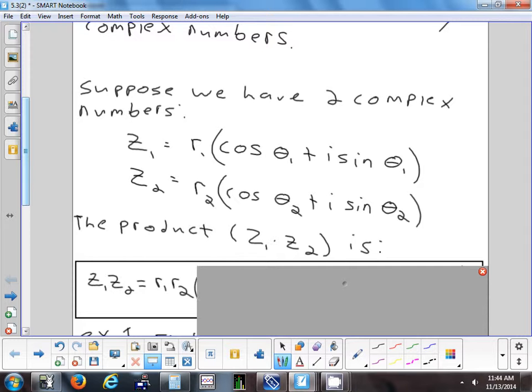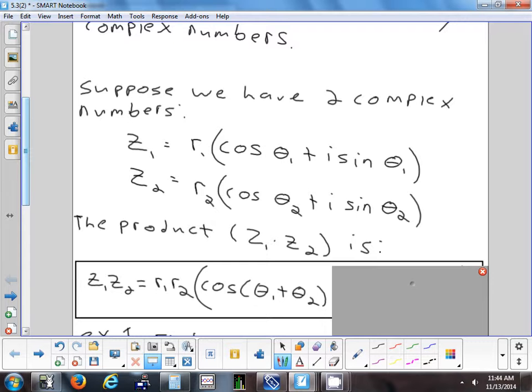To multiply them together, first thing you do is take r1 and r2 and multiply them. And that's it for your radius. Take r1 times r2. Now to get your angle, all you have to do is take the two angles you have and add them. And that's it.